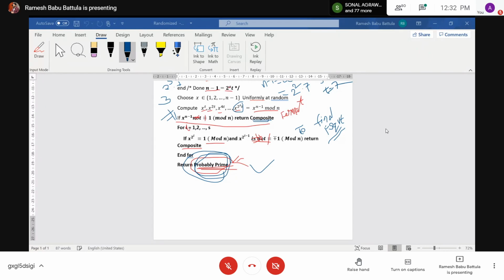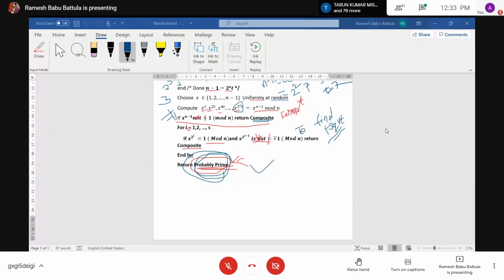Another is going to be there: 4 is congruent to x mod 5.